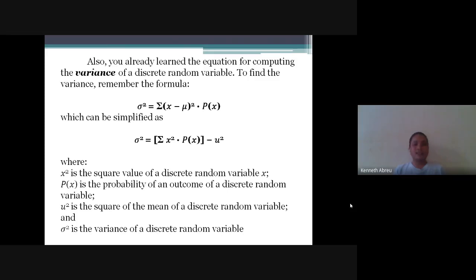Again, x squared, the square value of the discrete random variable. P of x, the probability of an outcome of the discrete random variable. μ squared ay the square of the mean of the discrete random variable, and yung ating variance is the variance of the discrete random variable or yung ating sigma squared.